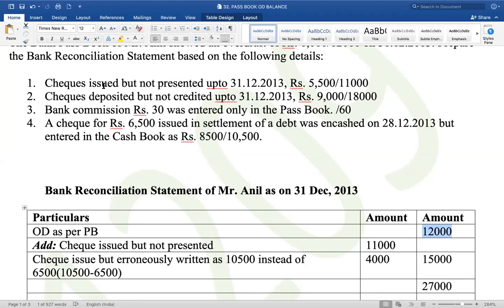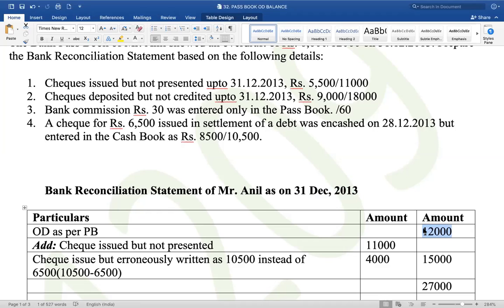Okay. That is what happened when check is issued. In the cash book, at the time of issue only, he will record it, and as per the cashier, the OD is 23,000. But the same is not presented by the date we are preparing BRS. So as per passbook, it is 12,000 only. The OD did not increase.